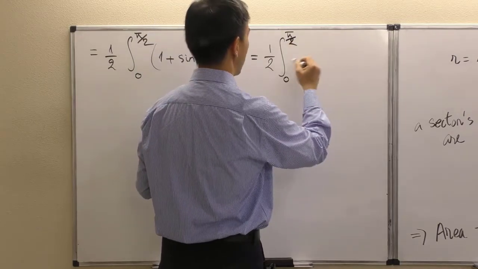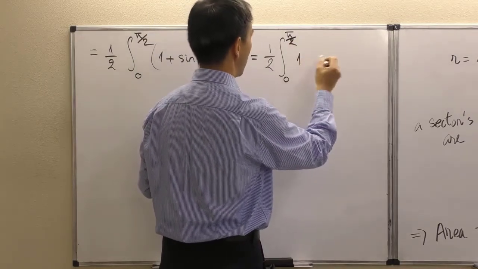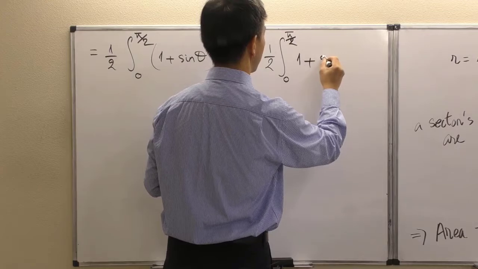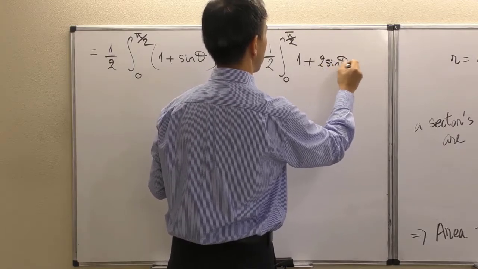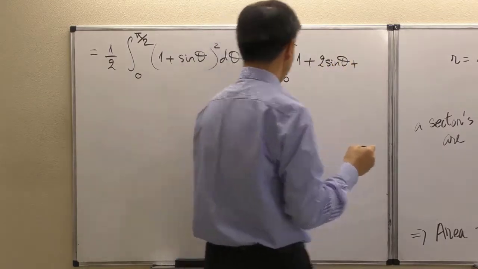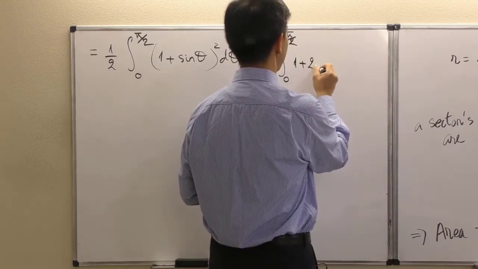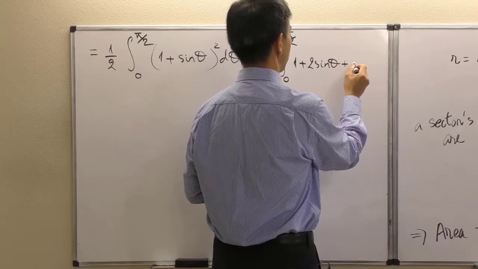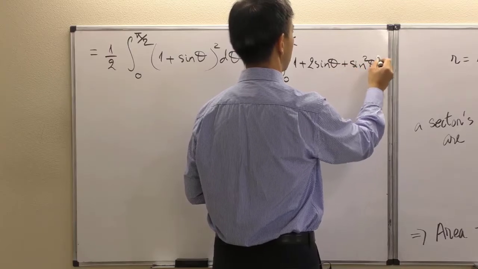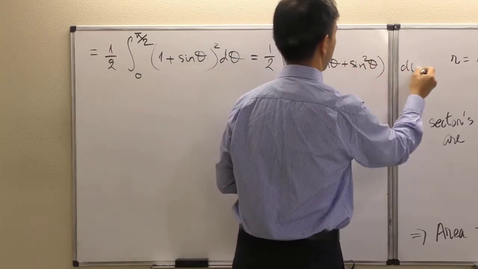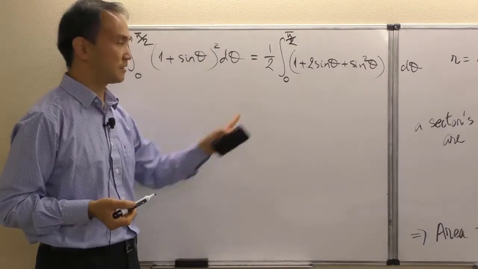All right, and so now I'm going to FOIL that out and it becomes 1 plus 2 sine theta plus sine squared theta, and then there's a d theta.